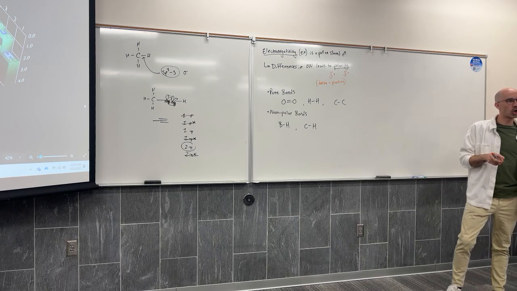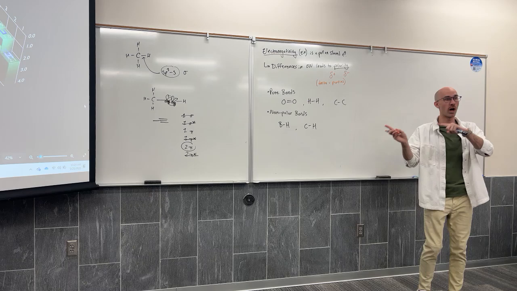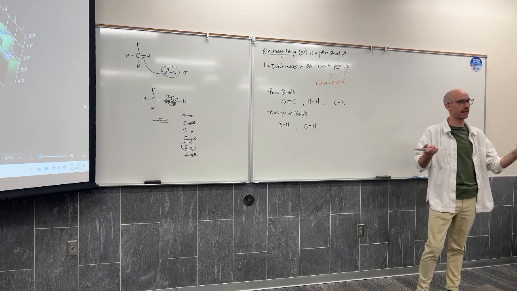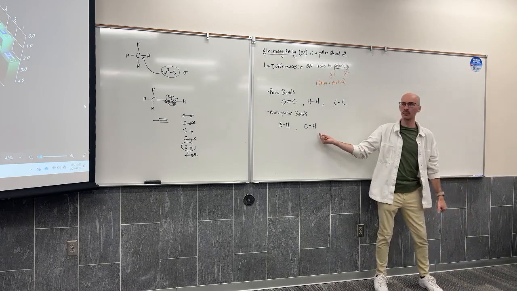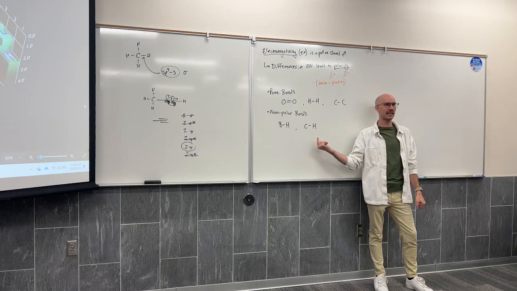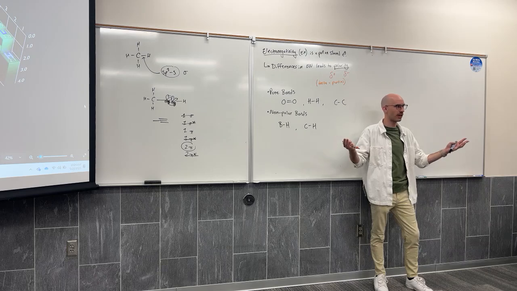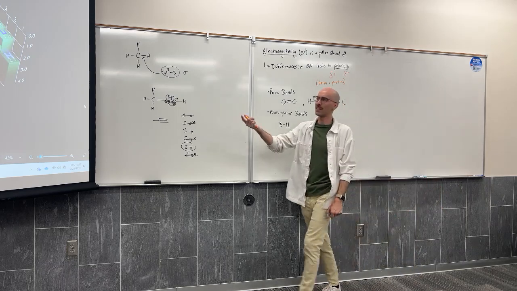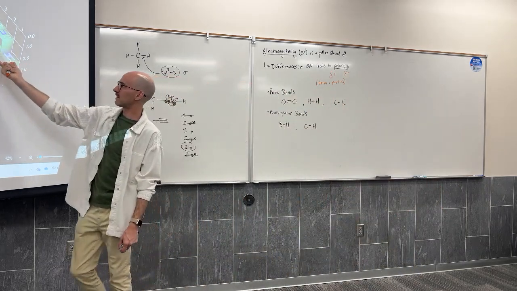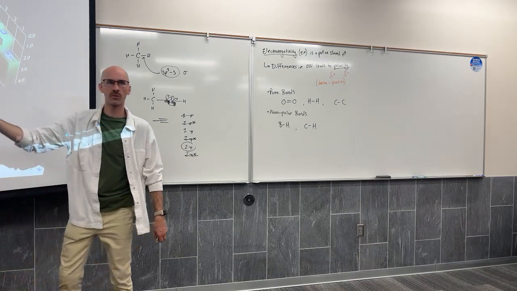For instance, when a carbon-hydrogen bond breaks, one atom has to take the electrons, the other atom loses them. Which atom do you suspect would take the electrons? Why? It's nonpolar. Shouldn't it just be a 50-50 toss-up? No. We know that hydrogen is less electronegative than carbon.